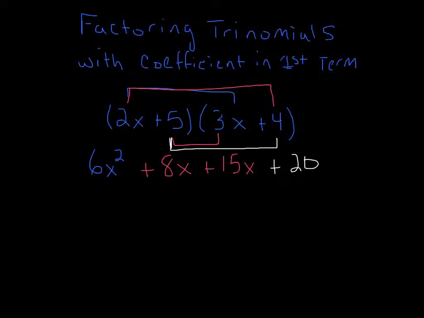Okay, and then what you do is you take the middle terms and you add them together, right? So if you multiply the outers together and the inners together, you then add those together and you get the middle term, right? So you end up with 23x in the middle, and we have 6x squared at the front and plus 20 at the end.